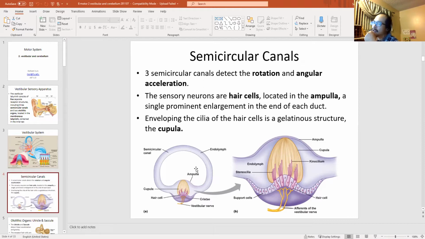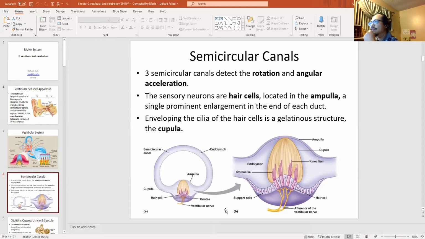When there is any rotational acceleration, it will move this and bend the cilia. When it bends toward the kinocilium, it causes depolarization. The nerve will release the neurotransmitter on the ganglion cell, transducing the signal into the brain.